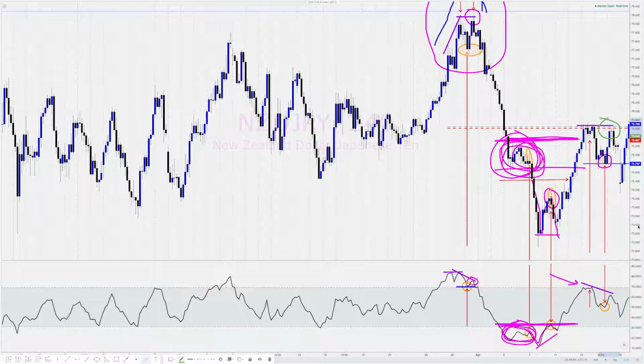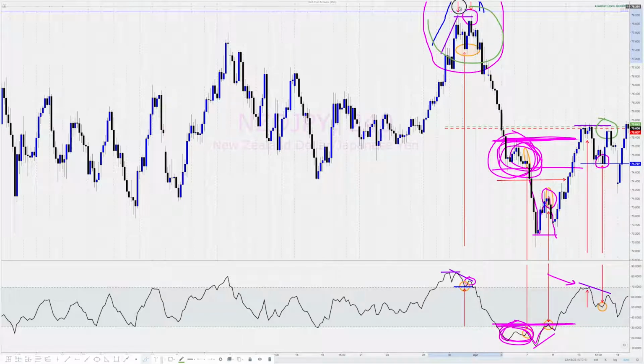Nothing's really sticking out to me. If you had put in 2 or 3 entries here, you could still be in the trade from this entry. From this entry here, you could still be running if you had put in multiple entries there.